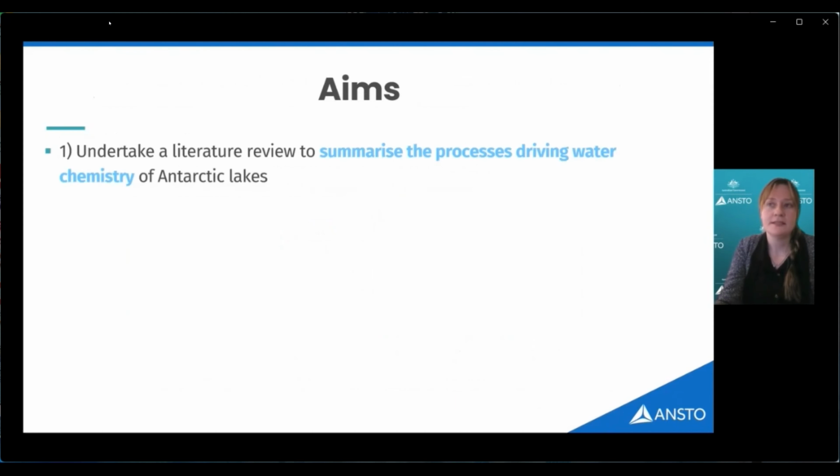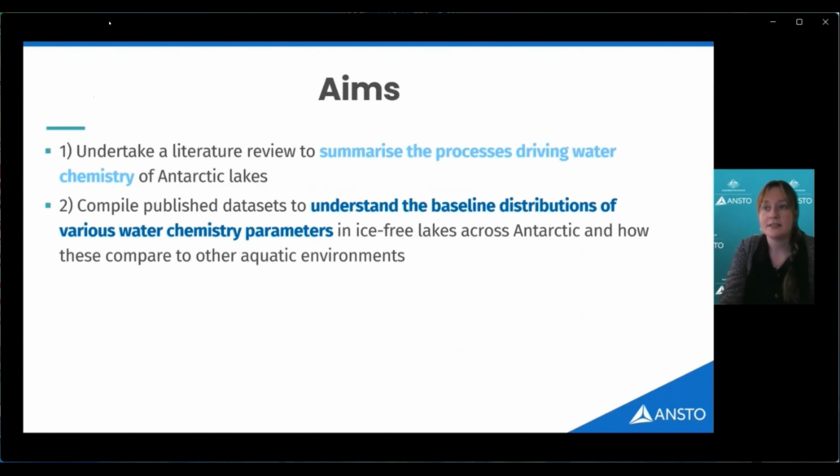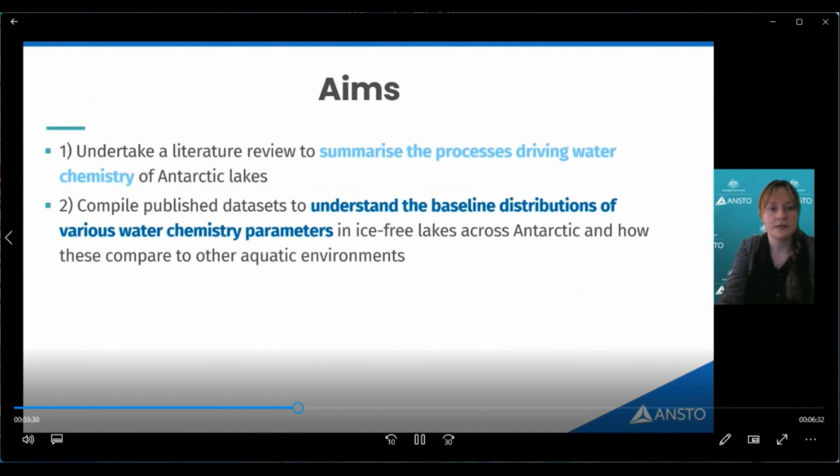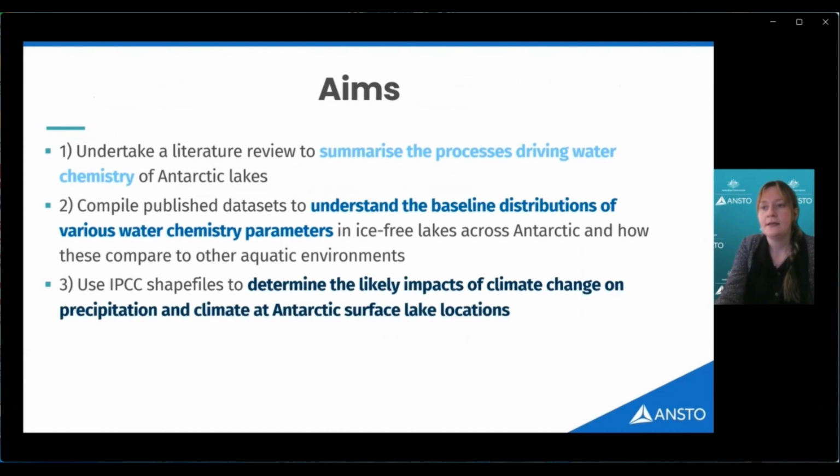So our aims for this study were to summarize the processes that drive the water chemistry of Antarctic lakes. We also wanted to compile published data sets to understand the baseline distributions of various water chemistry parameters in ice-free lakes across Antarctica. And we want to use IPCC shapefiles to determine the likely impacts of climate change on precipitation and temperature at Antarctic surface lake locations.